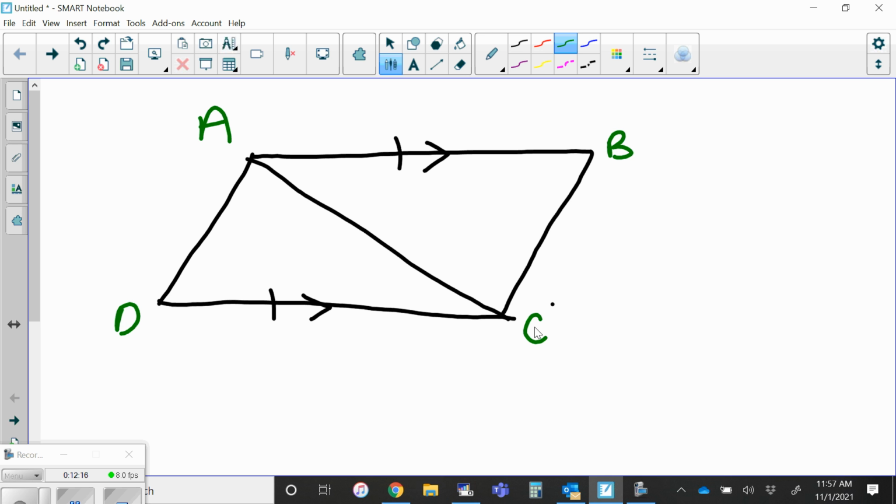What do I need right now? What do I need in order to prove two triangles are congruent? So far, the only thing I've taught you, just literally taught it to you. All right.